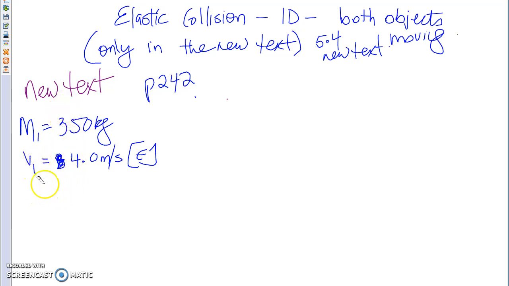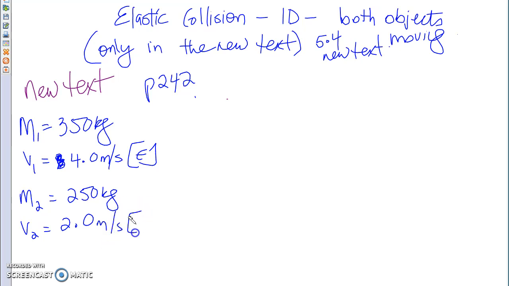The total mass of bumper car 2 is 250 kilograms, and is moving at 2.0 meters per second. However, this is going west. Calculate the final velocity of each bumper car immediately after the collision. So we're looking for V1 prime and V2 prime.